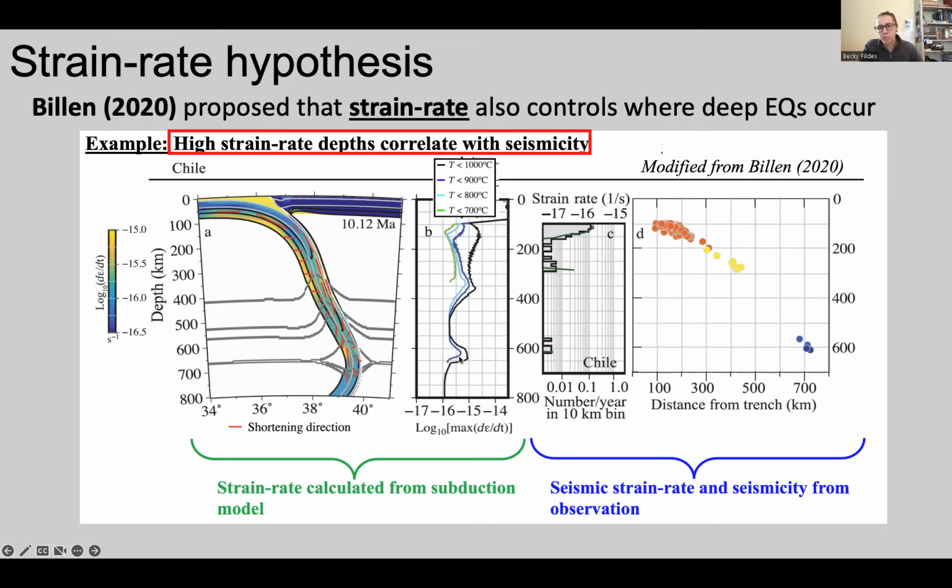She compared these models with similarly shaped subduction zones and found a correlation between depths where we had deep earthquakes and higher calculated strain rates, with gaps in seismicity corresponding to decreases in strain rate. This led to the proposal that strain rate is another constraint on where deep earthquakes occur, in particular that high strain rate depths correlate with deep earthquakes.